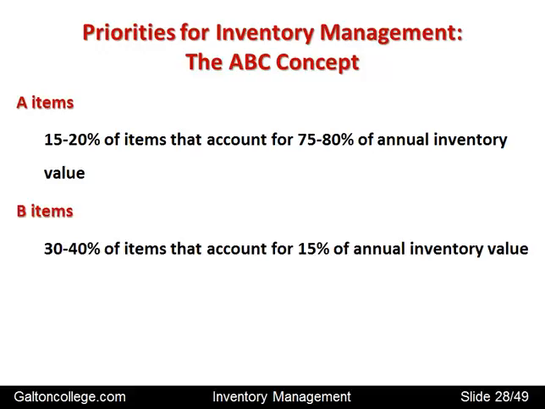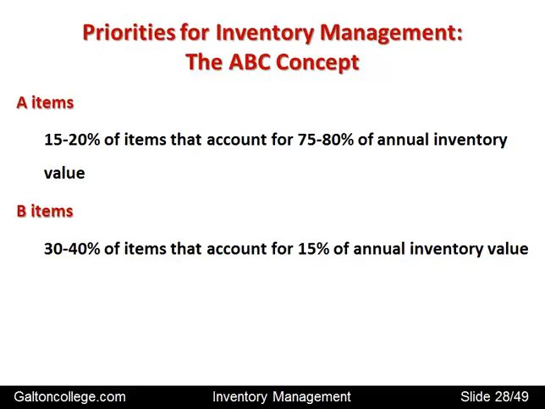The B items, as you can see, account for more of the items in the stores but have less value, 15% or thereabouts. These are rough figures, just indications. But what we're saying is that we have A items which are very important. There's a few of them, but they're very high value. B items, we have more of them.